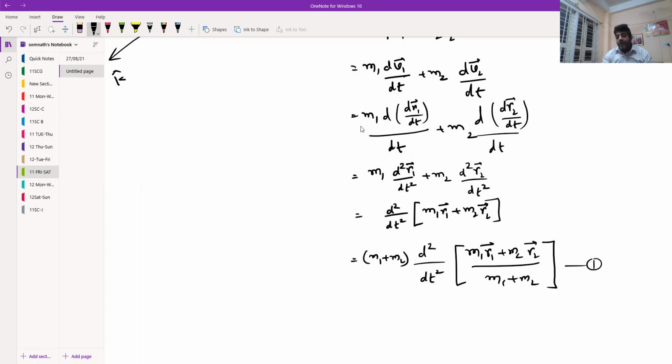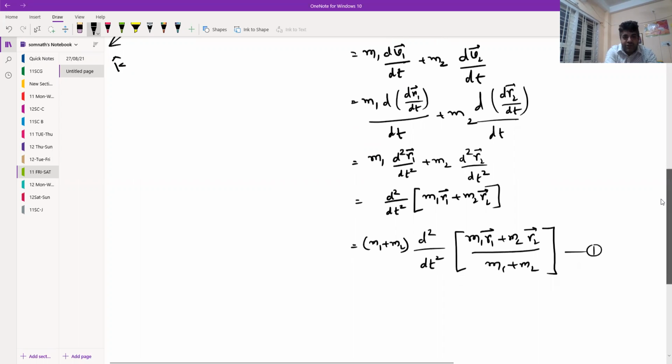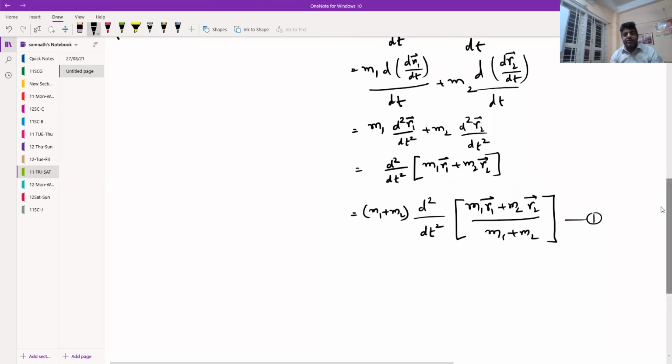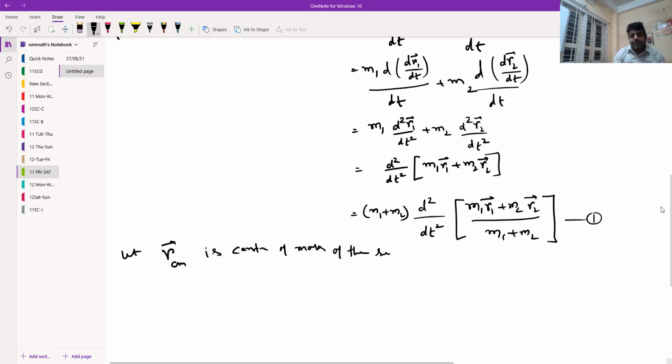Now, what is the definition of center of mass? Center of mass is defined as a position where the total mass is concentrated. So let RCM be the center of mass of the system, the two particle system because you are using two particles.